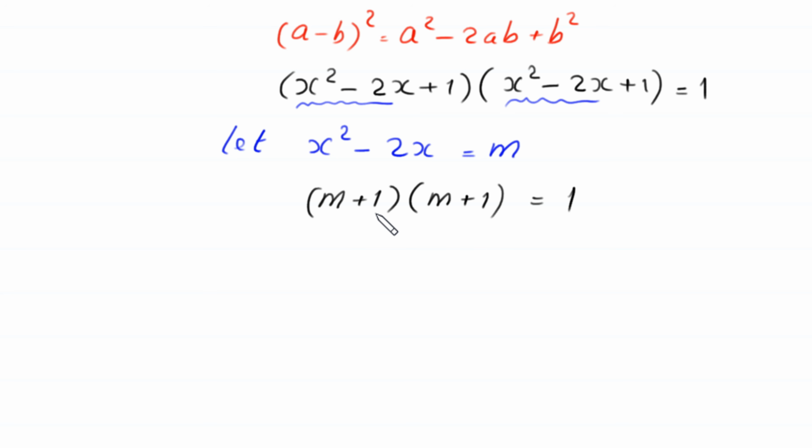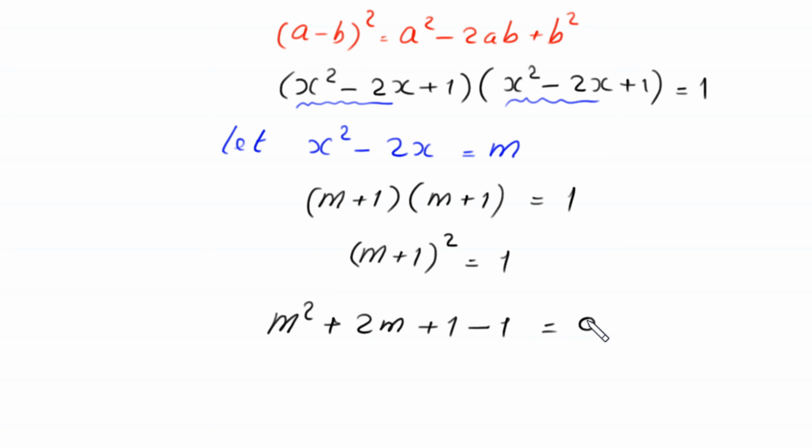Now this m plus 1 times m plus 1 will become m plus 1 whole squared is equal to 1, and this m plus 1 whole squared is equal to m squared plus 2 times m plus 1, and we move this one to the left hand side. This becomes negative 1 is equal to 0. Now this negative 1 will be cancelled out with this positive 1, and here we are left with m squared plus 2 times m is equal to 0.